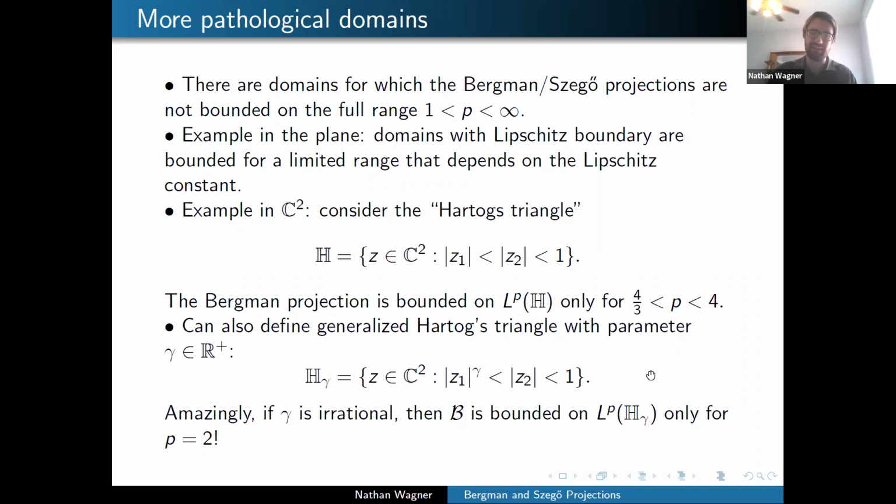And it's pretty amazing that if gamma is irrational, then the Bergman projection is bounded on this L^p space only for p equals 2, which is like the trivial one, right? Because that's just guaranteed by definition, and it's not bounded for any other p. So that's kind of a crazy result, I think, that if gamma is irrational, that happens. So that's just some examples to show you that you can have more pathology.